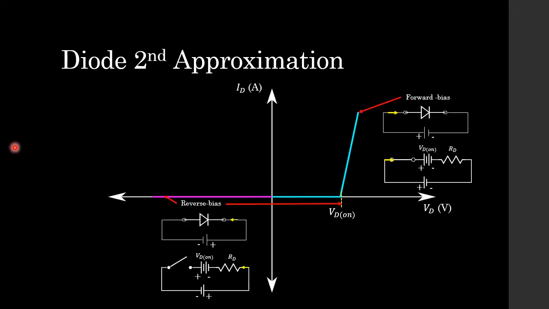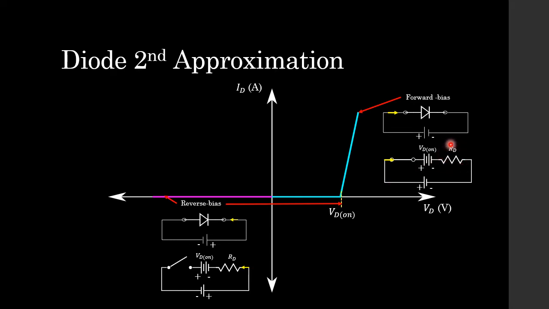So now when we model our diode according to the diode second approximation in the reverse bias condition and in the forward bias condition, we see that we replace our diode circuit element with a switch that is closed for the forward bias condition, in series with that source which was from our diode first approximation, which is the VD on, and in series with some resistor.